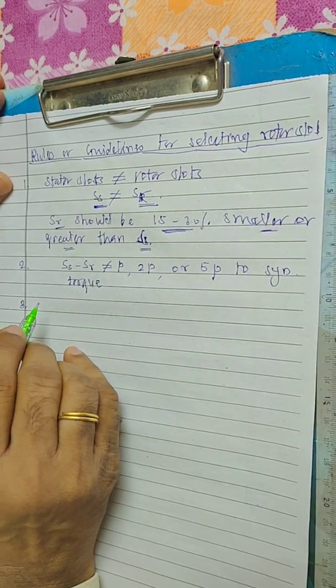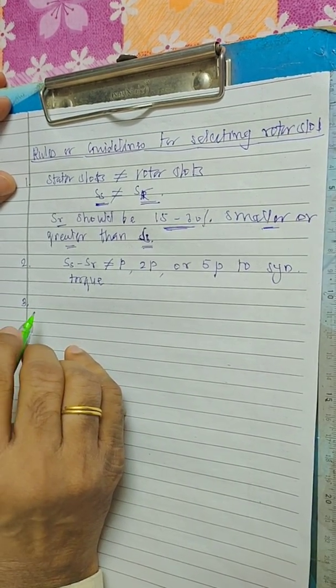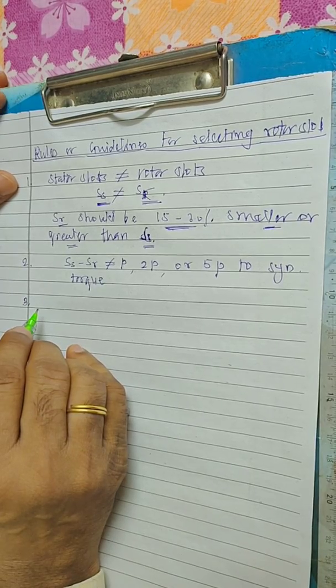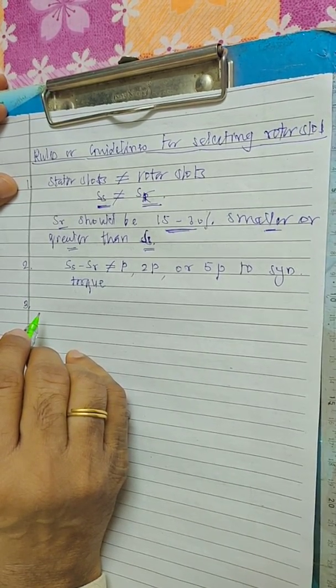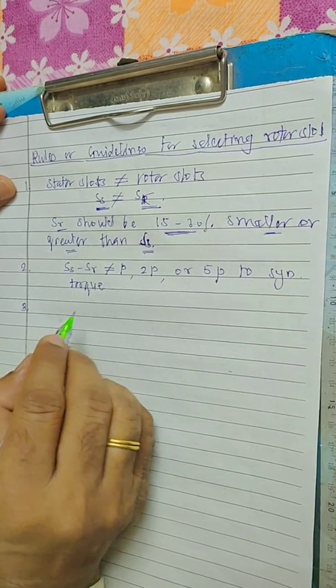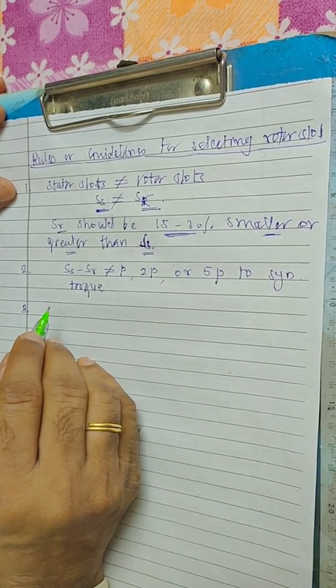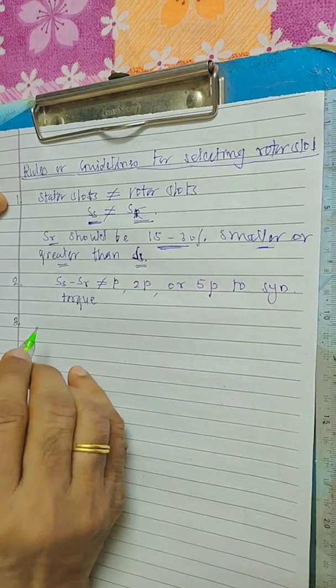Guideline number 3. The difference between stator slot and rotor slot should not be equal to 3P to avoid the magnetic locking.